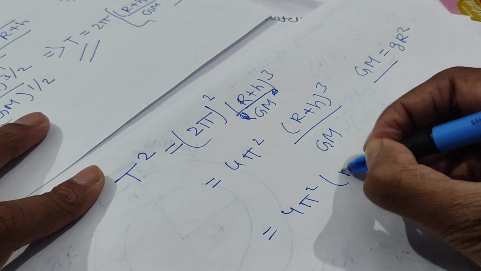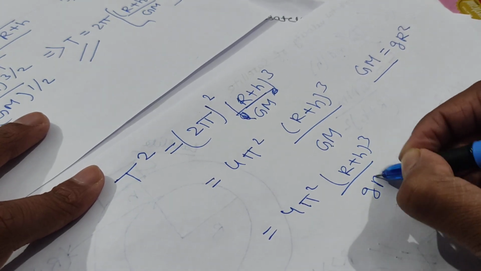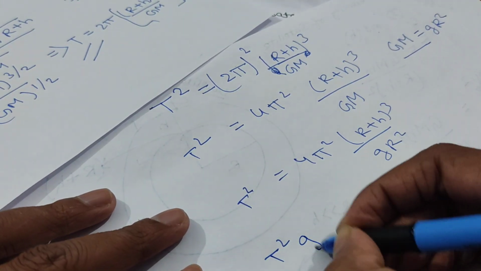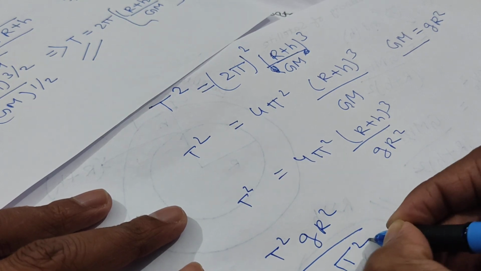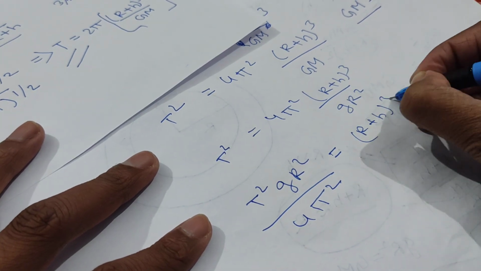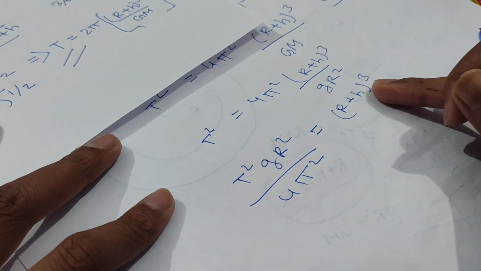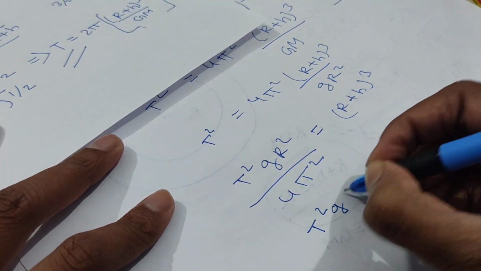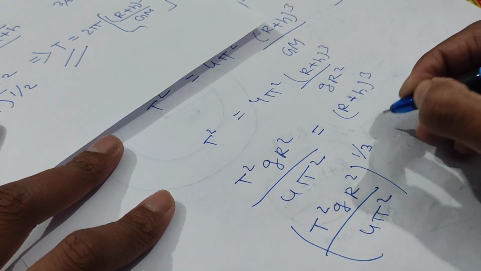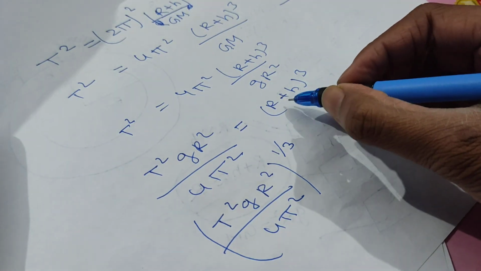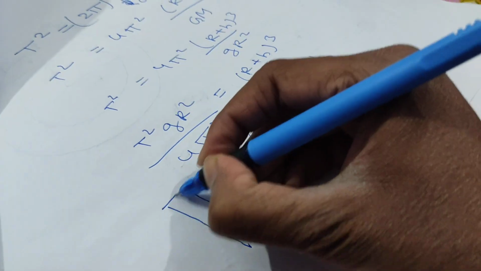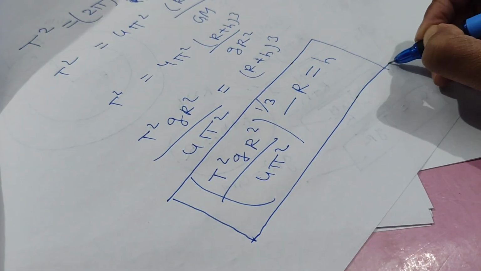Multiplying, T square g r square by 4 pi square is equal to (r plus h) cube. Now take the cube root, and take the r to the other side with a minus. This is our height. Proved.